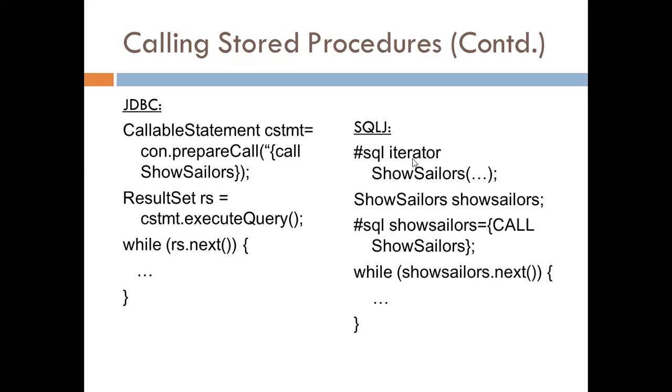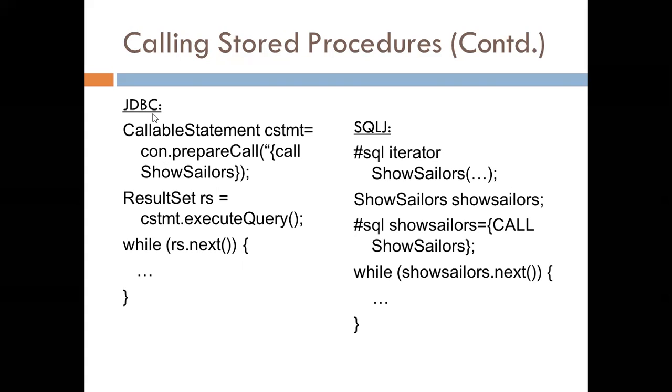Stored procedures are nothing but functions that are present on the database side, and some data processing or data modifications happen directly on the database side. If we are using SQLJ, we can declare an iterator, and in place of the SQL command which we have written in SQLJ, we can use the statement call show sailors, where show sailors is a stored procedure, and then we can iterate over here.